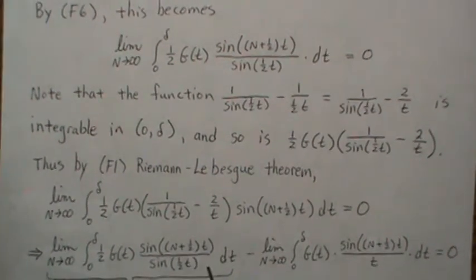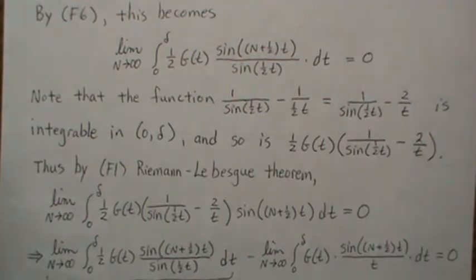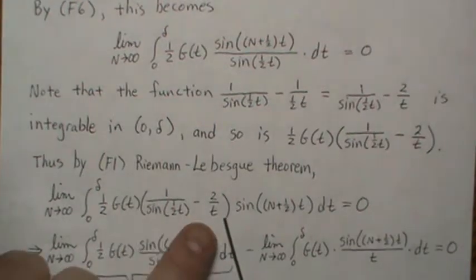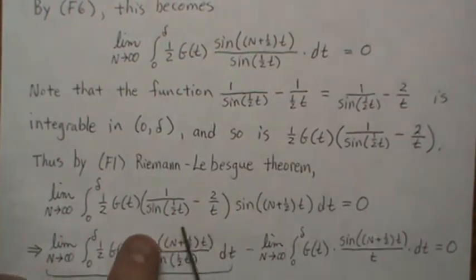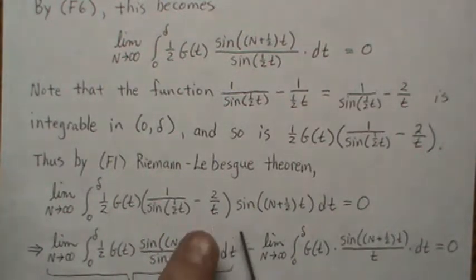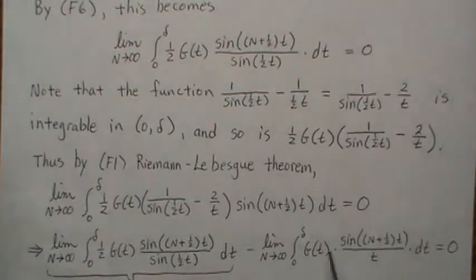So now, what we do is set this difference in here. We're going to split it into 2. We're going to multiply this times this piece, multiply that times this piece, and then split it into 2. And that's what we do here.